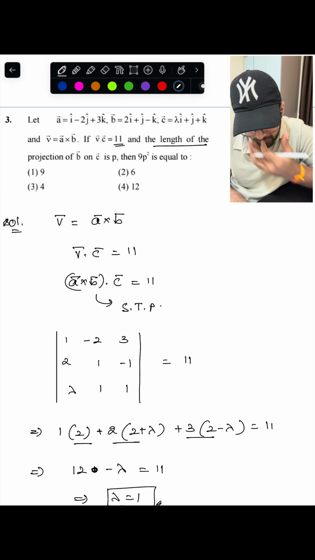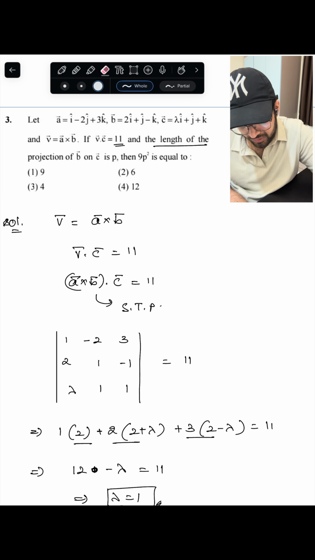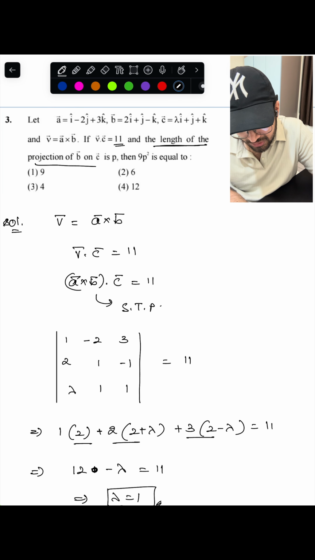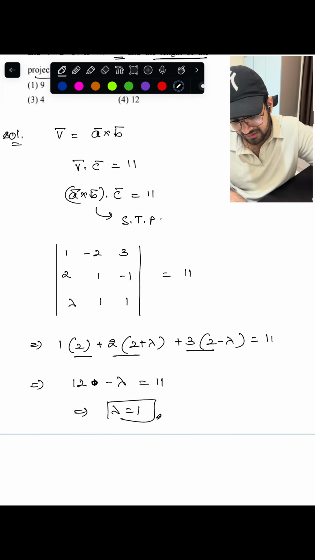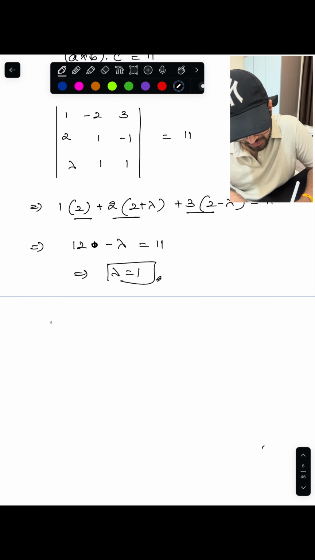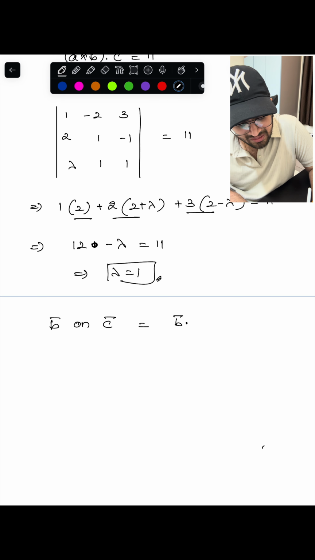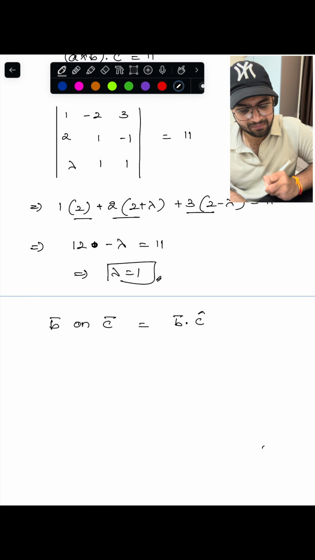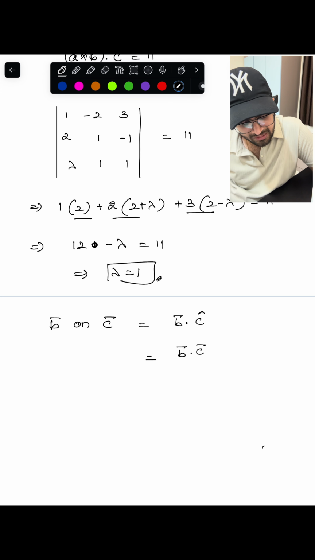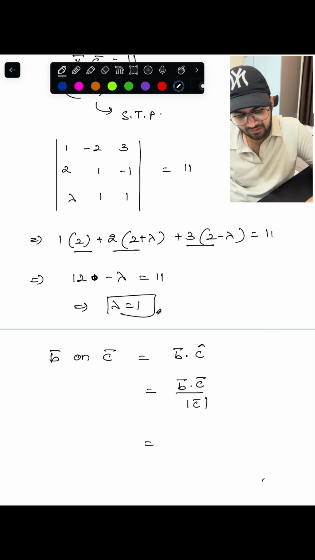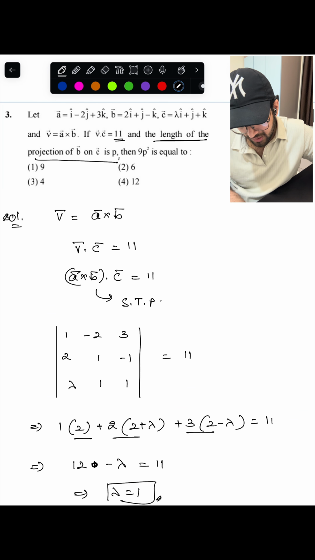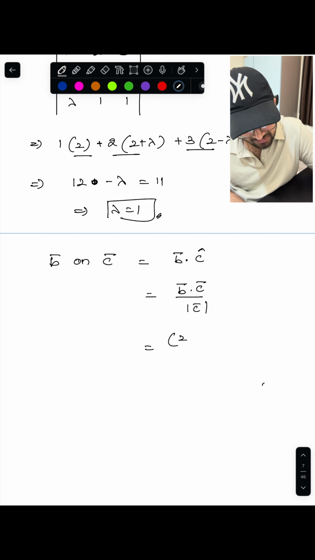Now we got the unknown C bar. Now we need to calculate the projection of B bar on C bar, right? The projection of B bar on C bar is nothing but B bar dot C cap, that means B bar dot C bar by modulus of C bar. So I will take B bar, which is 2, 1, minus 1.